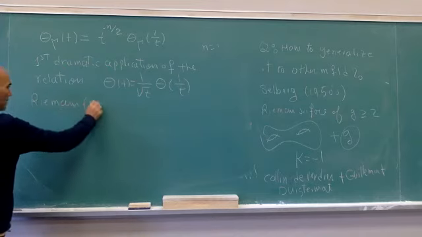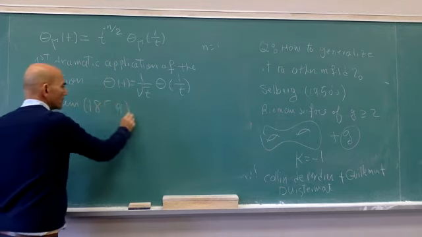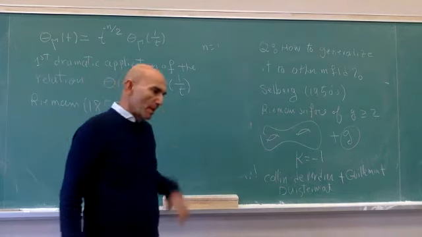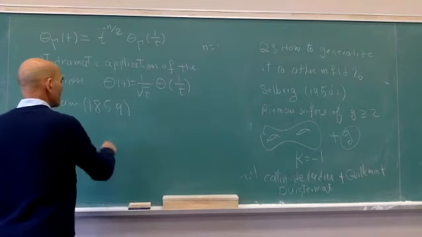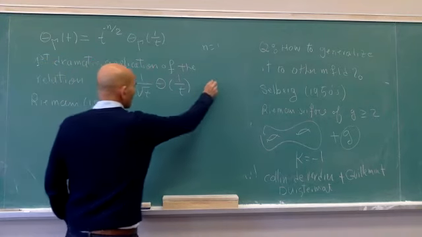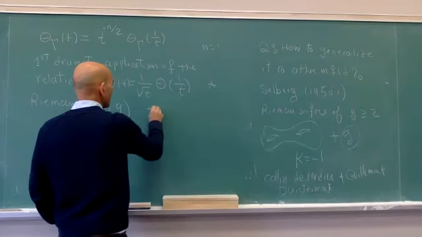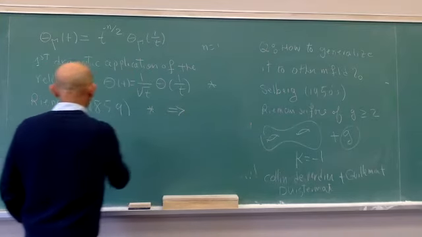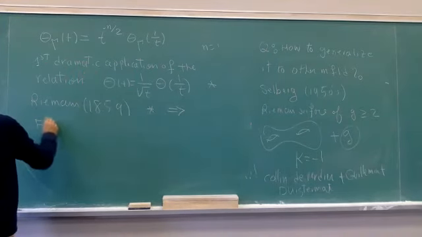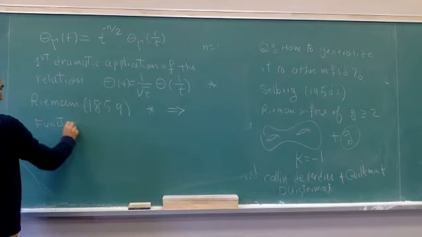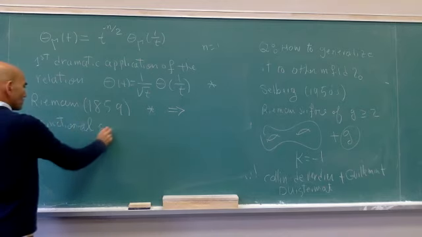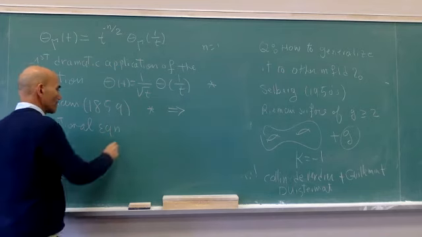That was in 1859 in his famous number theory paper. So he shows that the star implies the functional equation for the Riemann zeta function.